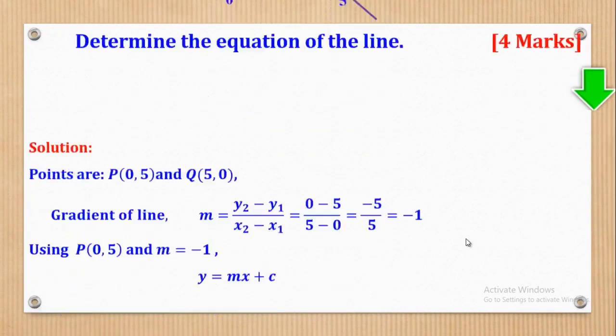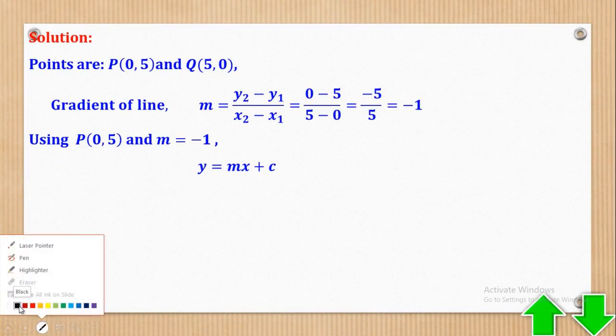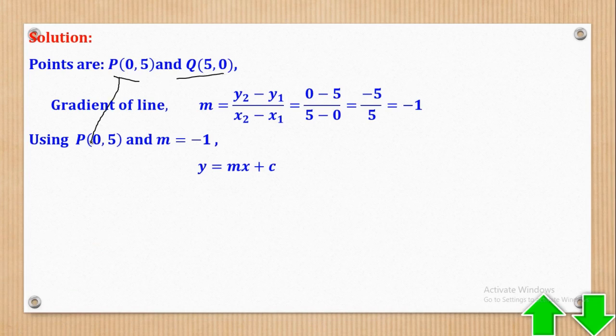However, if that one is not easy to know, there's another method, which is substitution. We choose one of the 2 points which you already know. We have point P and point Q, so I've decided to choose point P. For point P, the x coordinate is 0 and the y coordinate is 5. Therefore, I will substitute for x here, for y here, and for m here.